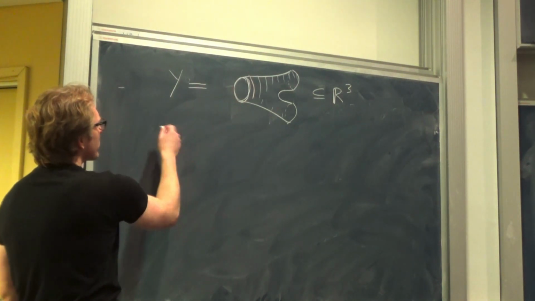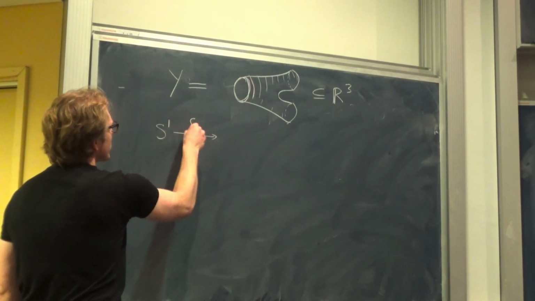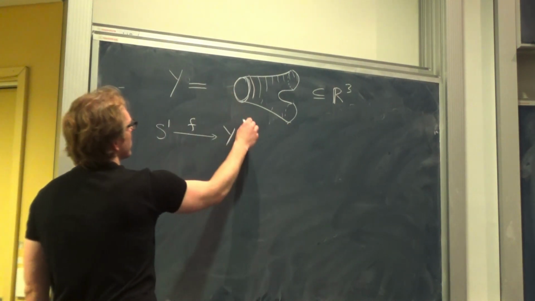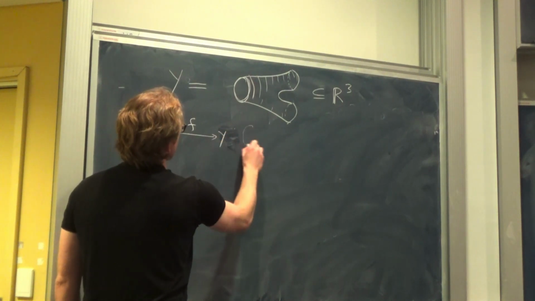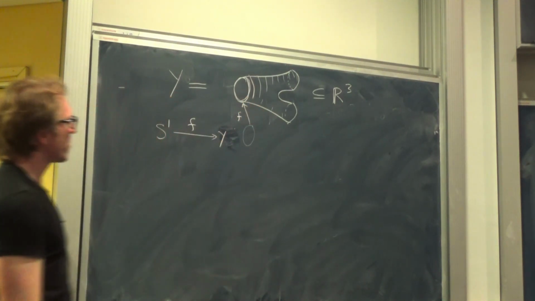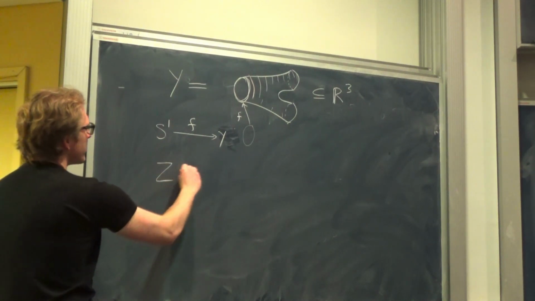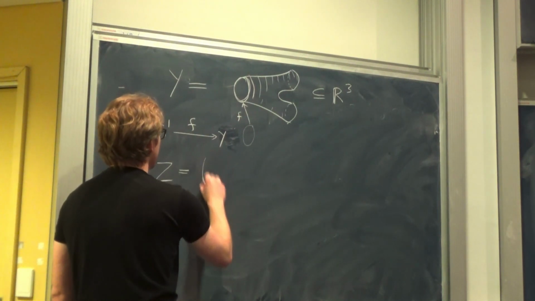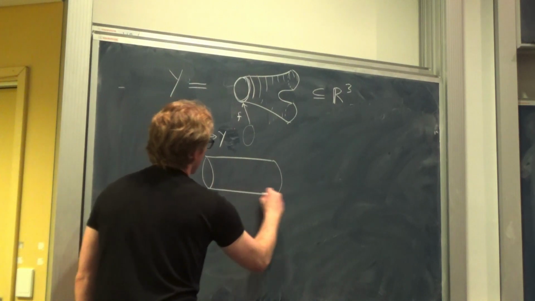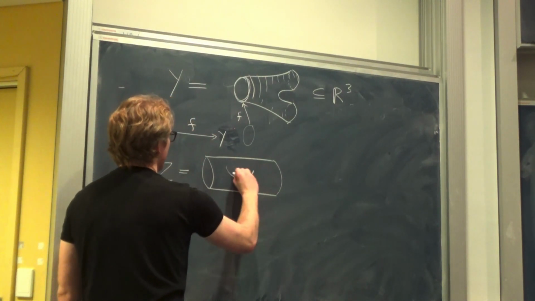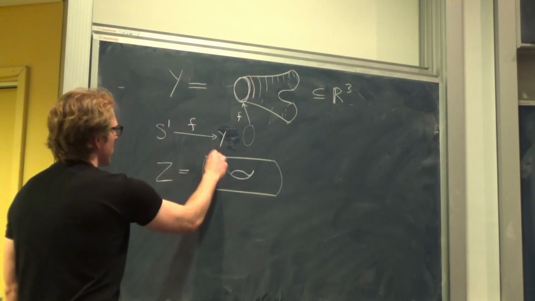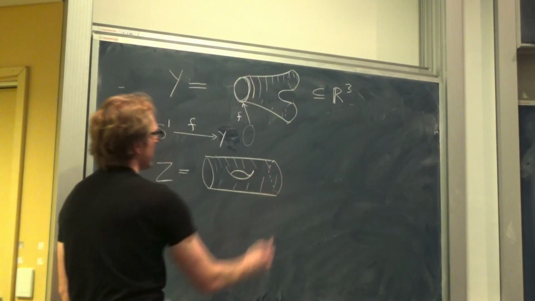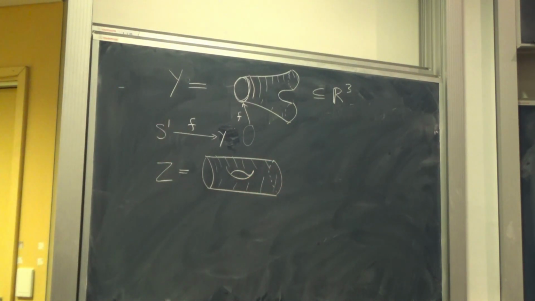I just drew a circle, so let's call that circle S1, and let's call the map that puts S1 inside y F. That's F. Let's also consider Z, again a surface, with some hole taken out of the middle of it.